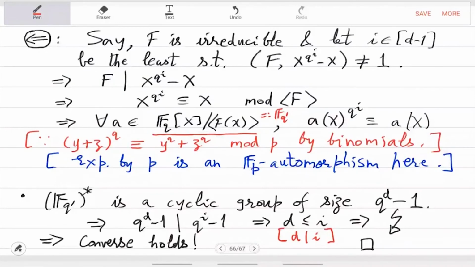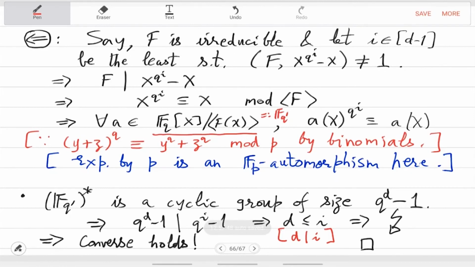So this slide is proving another interesting property over finite fields, that x to the q to the i minus x, all its irreducible factors have a degree that divides i, and they are all of them. Nothing is missed. So x to the q to the i minus x actually contains all the irreducible polynomials whose degree divides i.